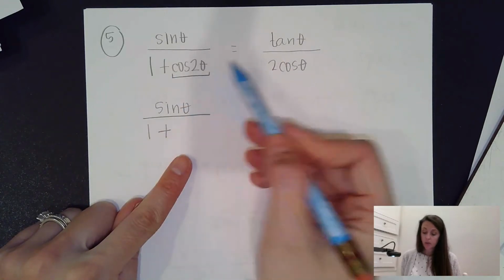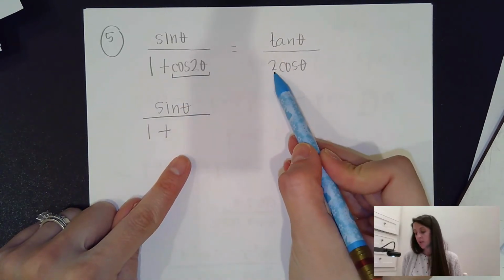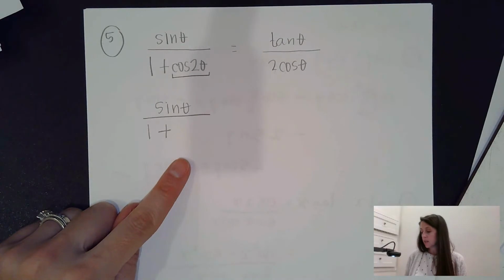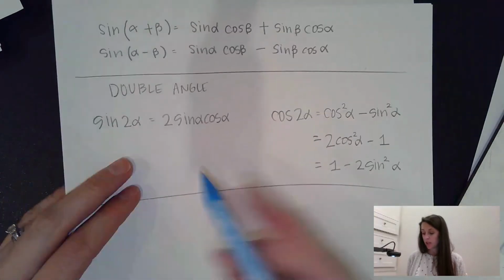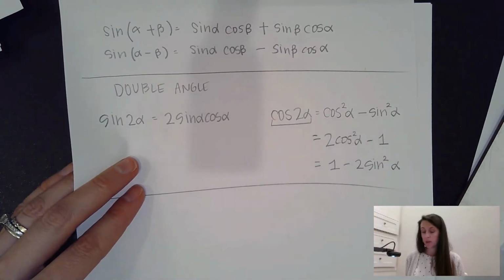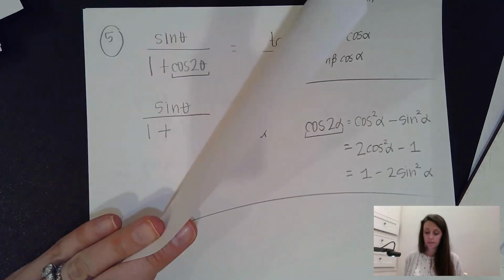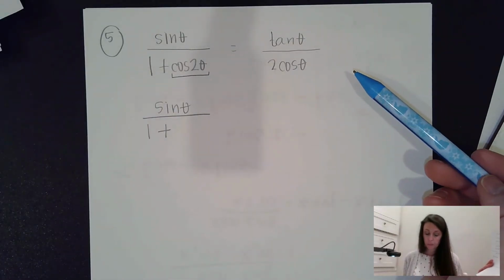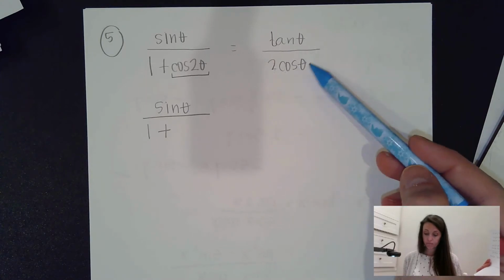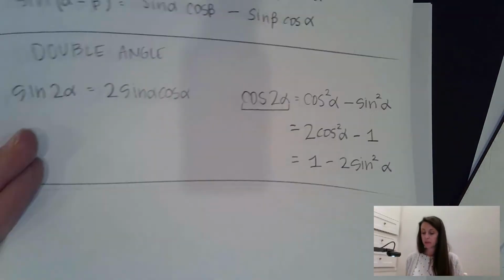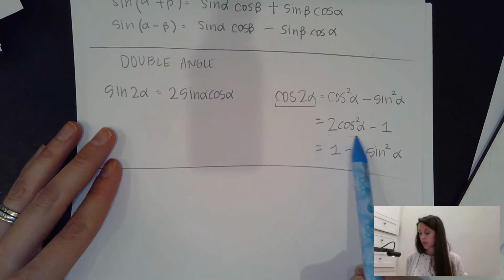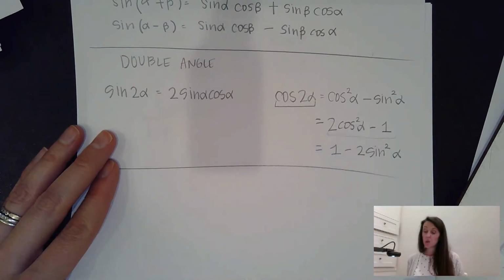So cosine of our double angle, if we look over here, this is 2 cosine of theta. So how can I change cosine of a double angle into 2 cosine? Maybe this one here, it's got a cosine squared.